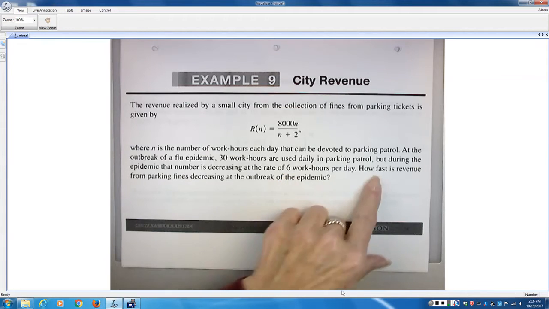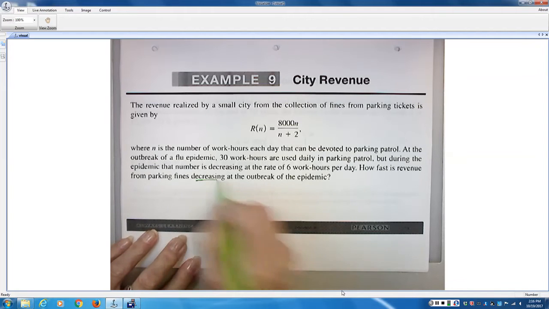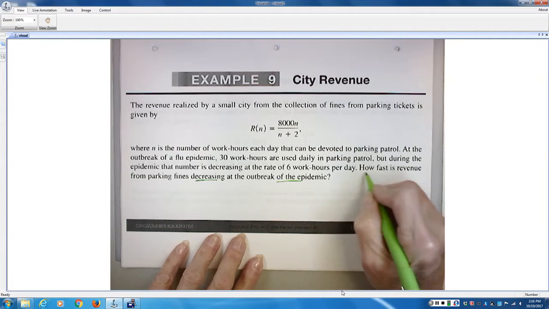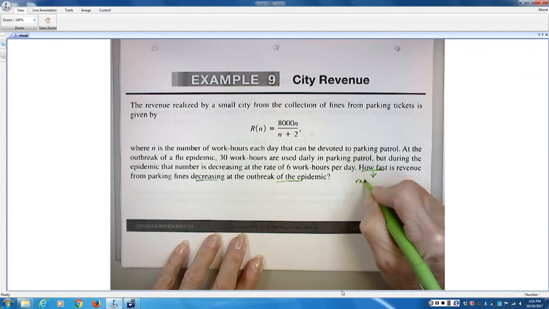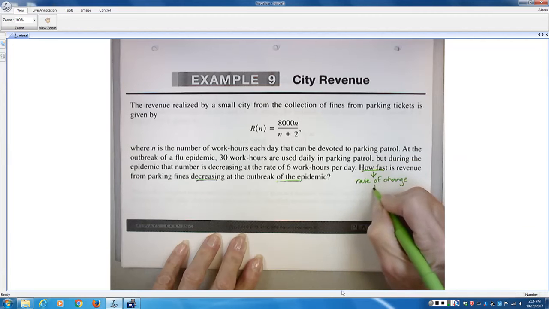So it says, how fast is revenue from parking fines decreasing at the outbreak of the epidemic? Okay, so we know the revenue is actually going down. How fast? How fast is a rate of change? We know that rate of change in our common everyday language means slope.